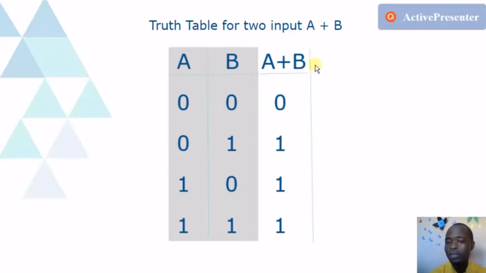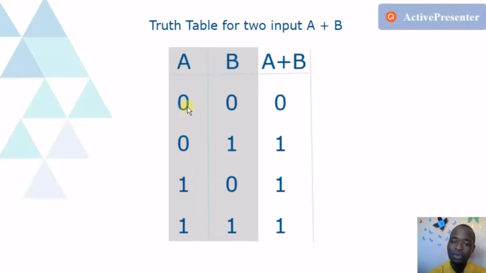We got this using the formula 2 raised to the power of n, where n is the number of inputs. We have two inputs, so 2 raised to the power of 2 gives you 4. Now you have 4 digits vertically.